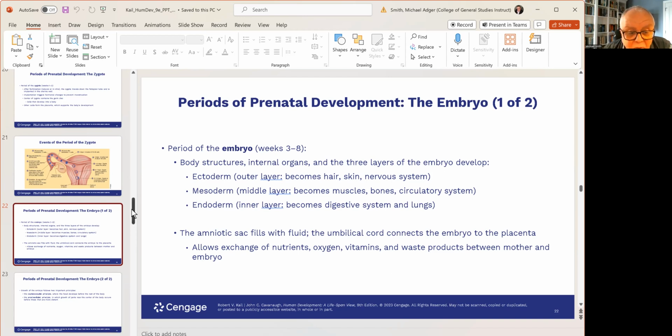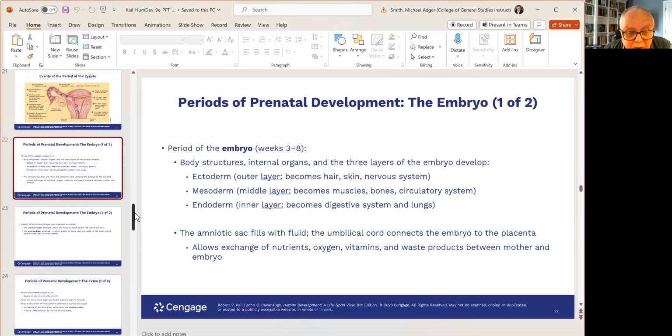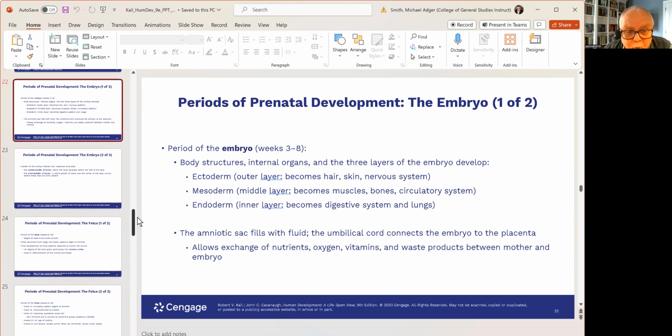And again, if the mother doesn't go for her prenatal checks, to be sure everything's all right, that's a bad move because you don't know what's going on. You can't see, and those checks help to be sure everything is going on normally. In a system that is this complicated, it is really important that those checks be made and that the mother is careful about what she puts into her body.